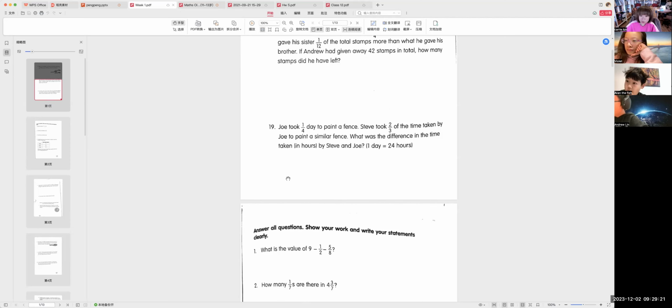Okay, because Joe has taken 1/4 day to paint the fence, Steve took 2/3 of the time taken by Joe to paint a similar fence. So how many days does Steve need? It's 1/4 times 2/3, so it's 1/6 day.